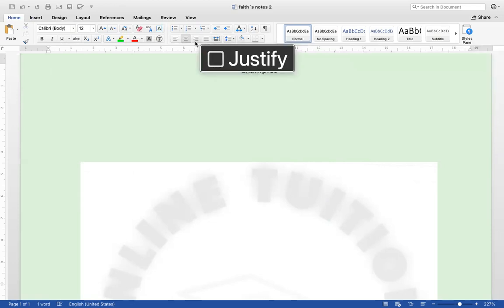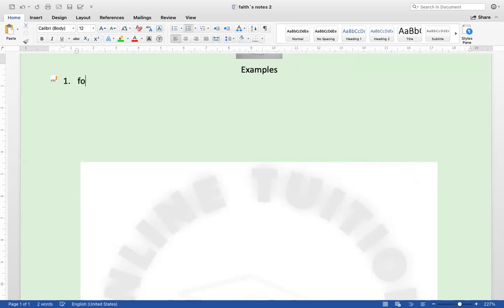So, the question says, for each of the following questions, find the x-intercepts and the y-intercepts.